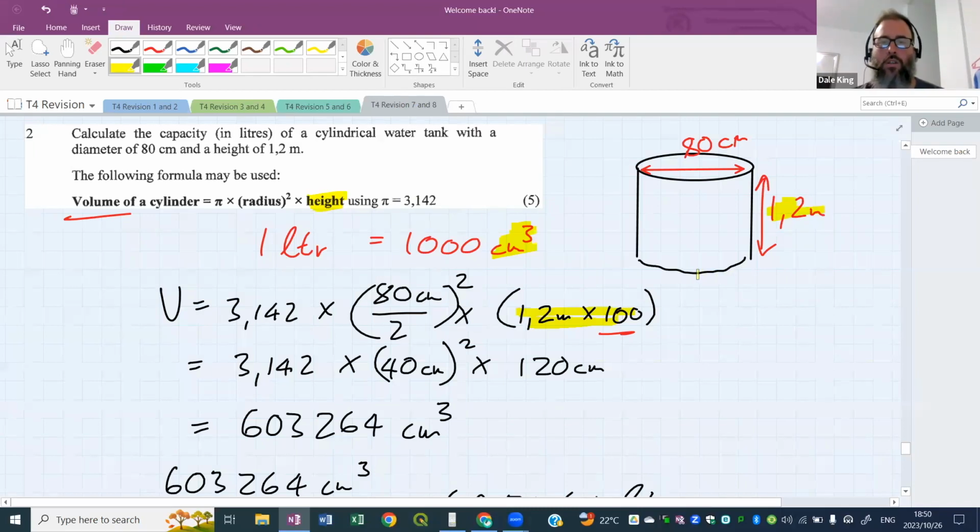I've got to change meters into centimeters, because my conversion that I'm going to use in the end has got centimeters in it. So I want to change everything to centimeters. So 1.2 meters, there's 100 centimeters in 1 meter. So if I've got 1.2 meters, I've got to times it by 100, which means I get 120 centimeters. All right, I hope that makes sense.